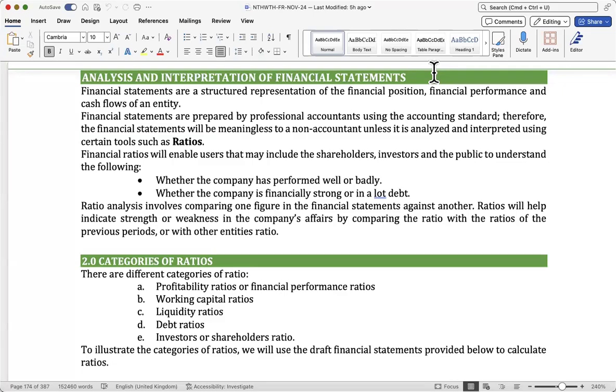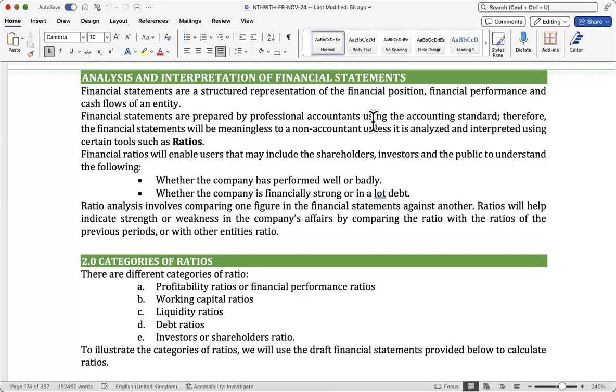Ratio analysis involves comparing one figure in the financial statement against another figure in order to make sense out of the two, because doing that would help bring out some strengths or weaknesses in the affairs of the company.